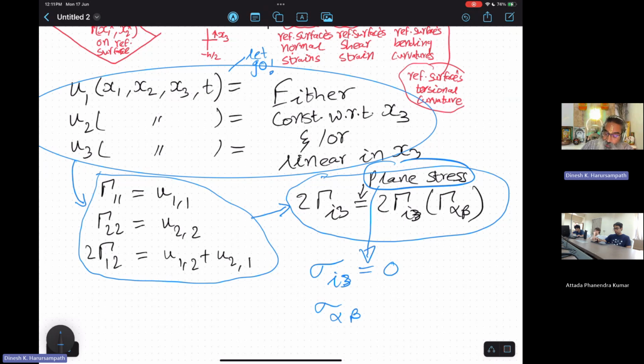So in addition, they will make certain things about sigma alpha beta, wrongly assumed. Here also, I should say wrongly, okay? Wrongly assumed to be either constant.